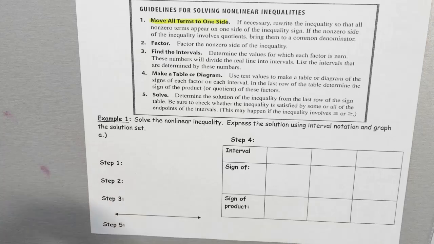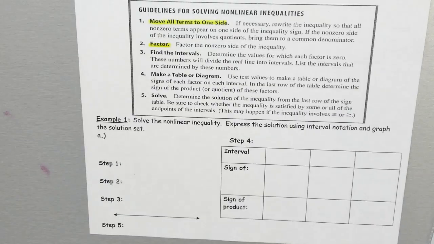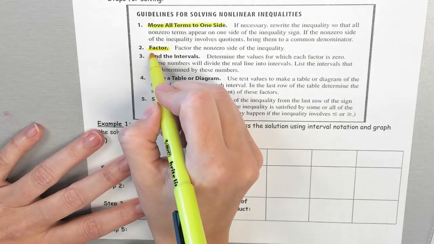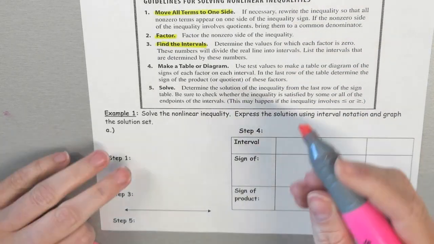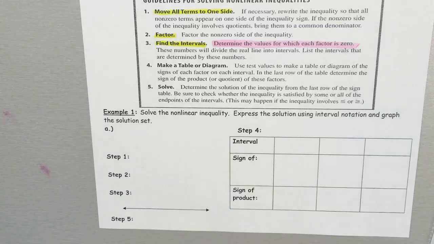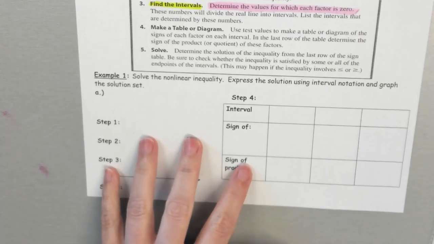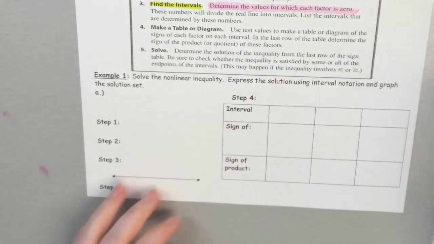That's when we can use these product properties. Then you are going to factor. You are going to find the intervals. So you have to find where these key values are 0. I'm going to walk you through all of this. Okay, and then it divides the line into different intervals.